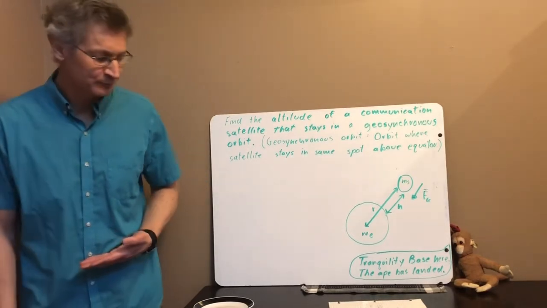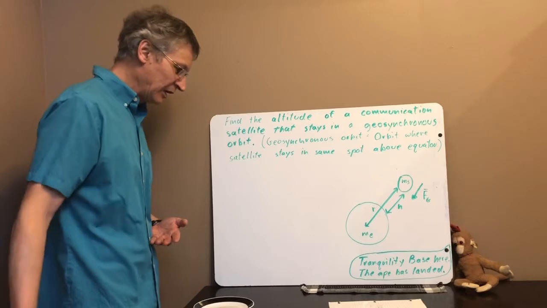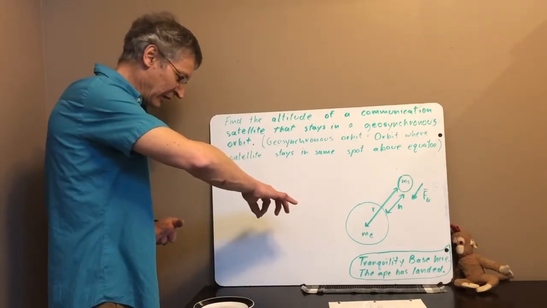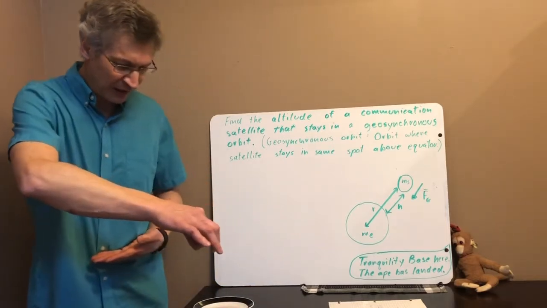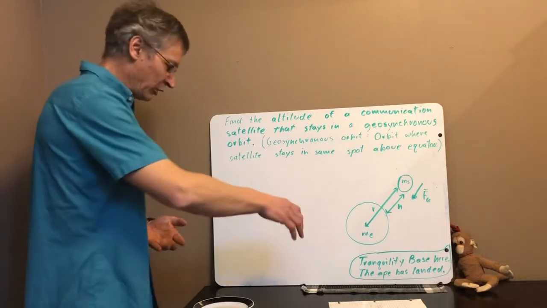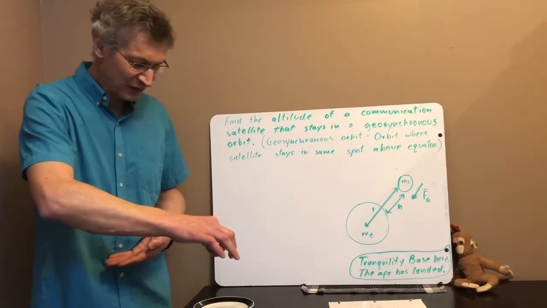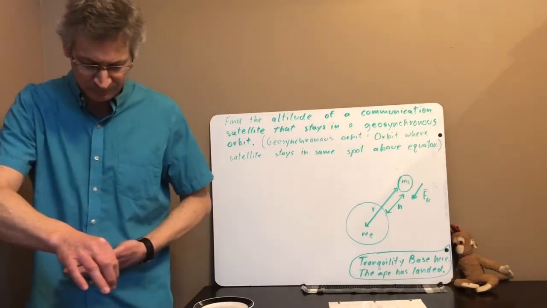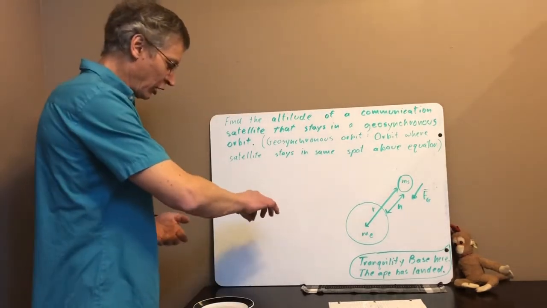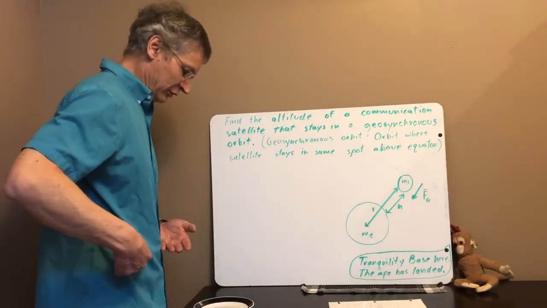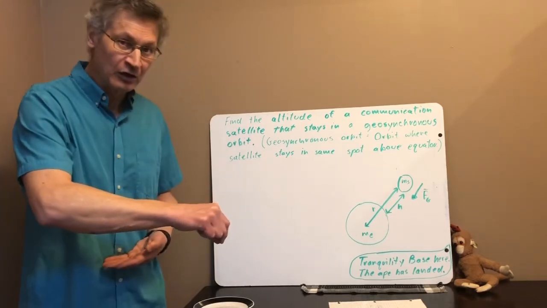If a satellite is in geosynchronous orbit, it's going to be right above the equator, and it's going to be orbiting just like that, so that as the Earth rotates, that satellite stays above the exact same spot over the equator. So no matter where you are on Earth, like if you're over here, you just have to point your satellite dish to that same spot and you got it covered.